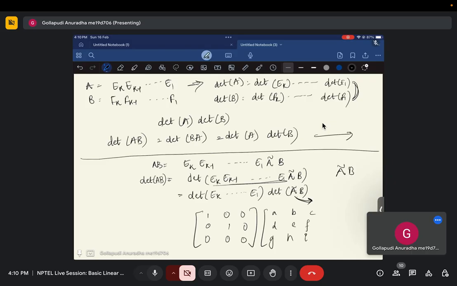Suppose this is A tilde and suppose this is some V matrix. Ultimately the product also will have zero rows at the bottom, so the determinant of this will be 0.